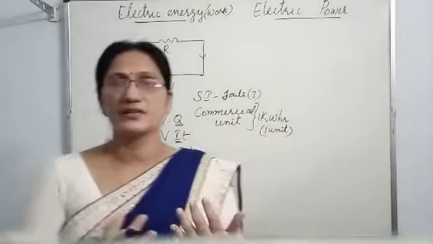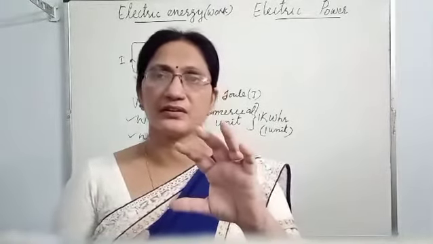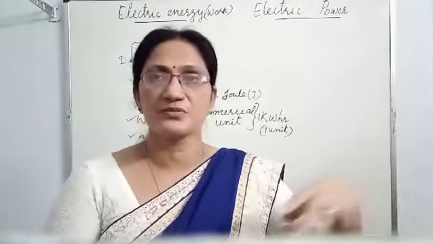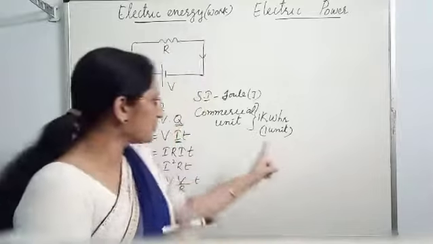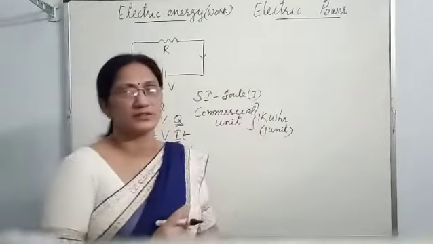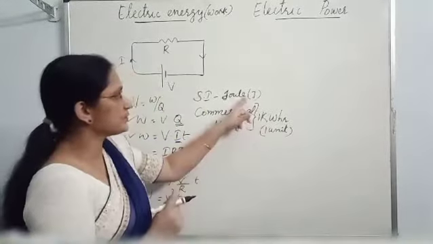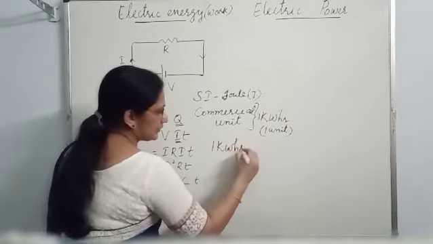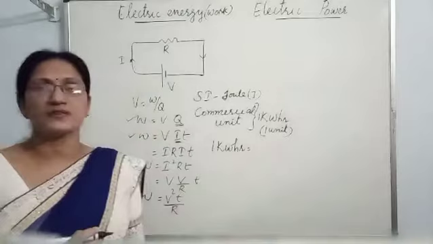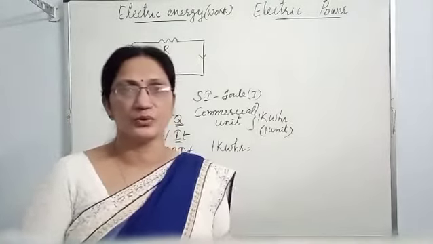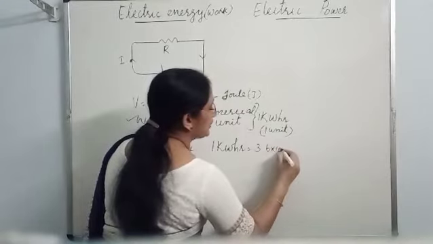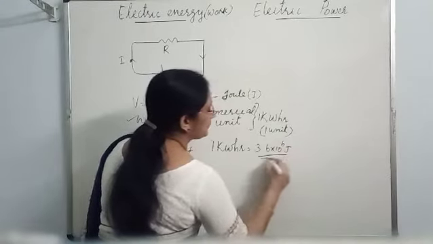When we get the electricity bill, we see that the units of consumption, 100 units, 150 units. 1 unit means 1 kilowatt hour. And the relation between Joule and kilowatt hour is 1 kilowatt hour is 3.6 megajoule. That means 3.6 into 10 to the power 6 joule.